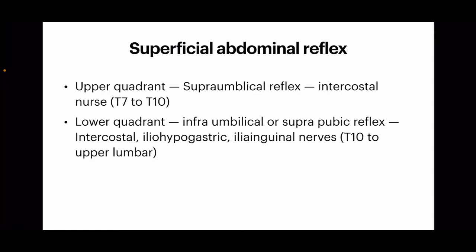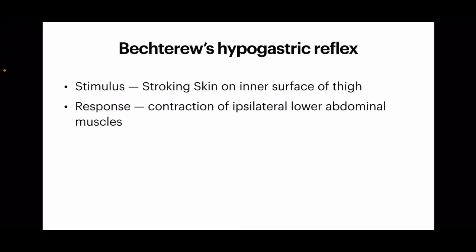The other is the lower quadrant, the infraumbilical or suprapubic reflex, mediated by the intercostal, iliohypogastric, and ilioinguinal nerves, and the root value is T10 to the upper lumbar levels, L1 and L2. So this is the supraumbilical and infraumbilical abdominal reflex. Essentially it is going to pull the umbilicus towards the side of the stimulus.